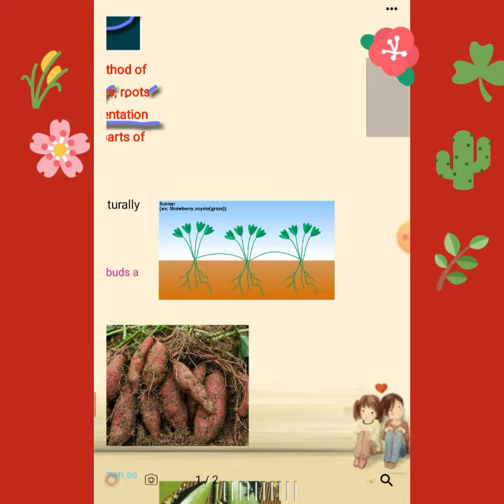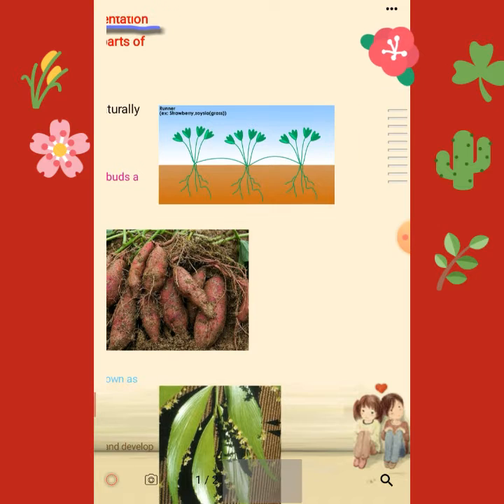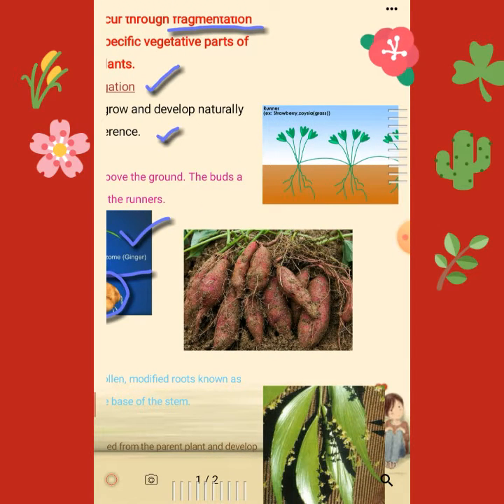Okay, and here, if you see, this is the sweet potato, which is a root modification. Generally, potato comes under stem modification, and potato has eyes, the buds present in the eyes, so that the tuber of the potato has the ability to produce the new plant. But in the case of sweet potato, this is the root modification. So the root stores the food and has nodes and buds.